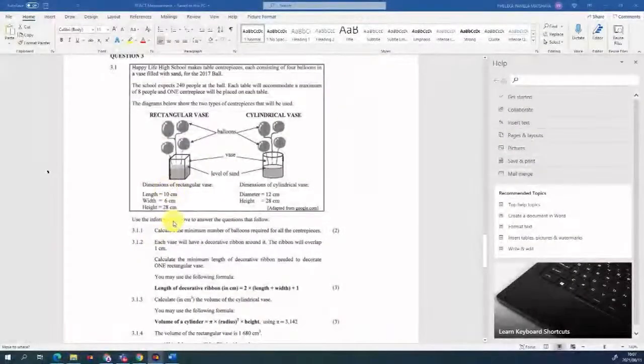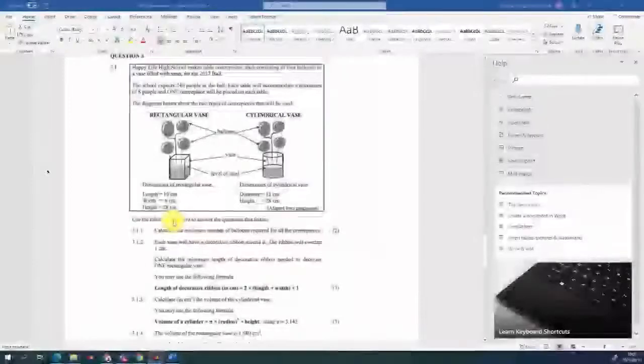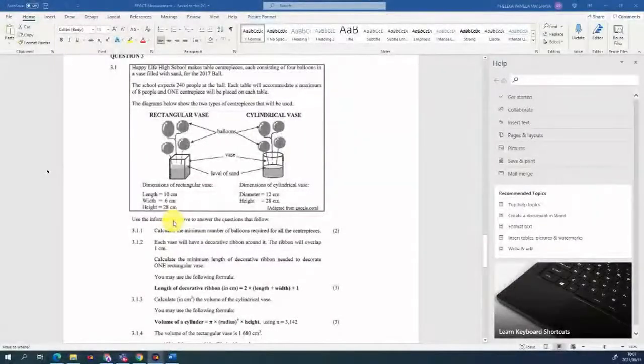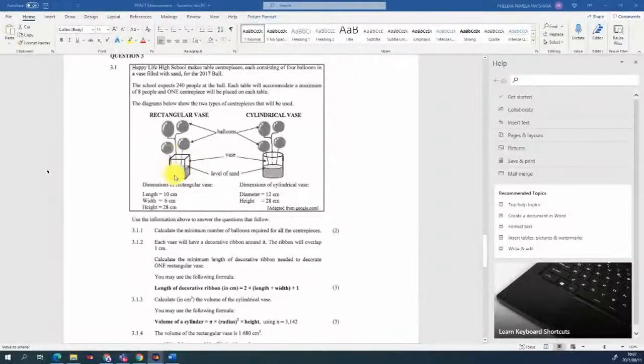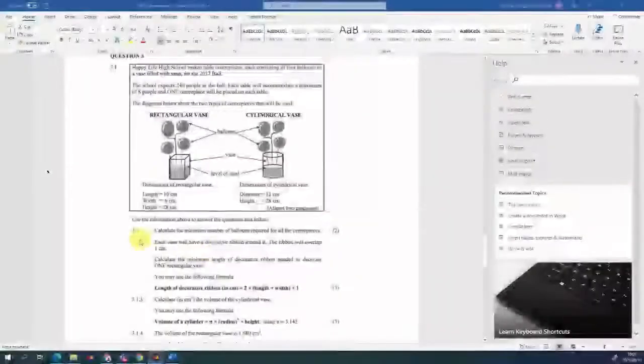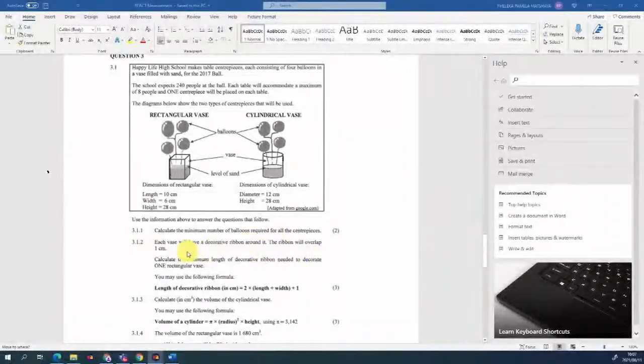So what are they actually asking for? They ask for the perimeter. What's the perimeter around that thing? The length from there to there, right around, and again. It's rectangular, so you will have 2 lengths and 2 breadths. But the important thing is that they say the ribbon will overlap 1 centimeter.